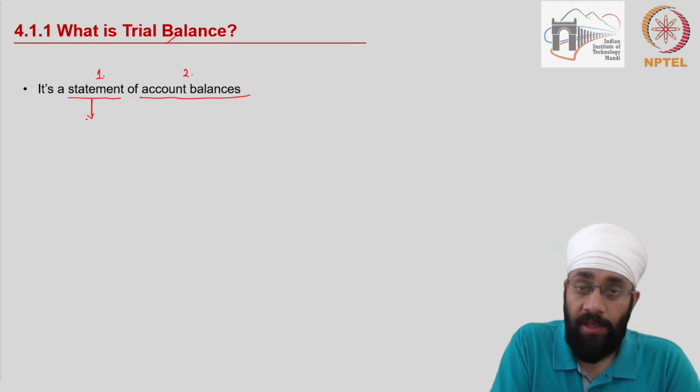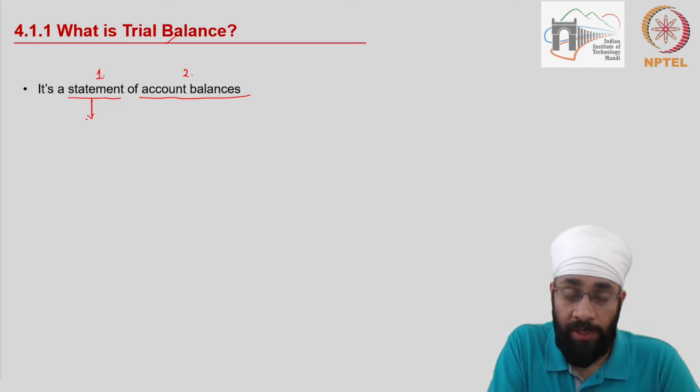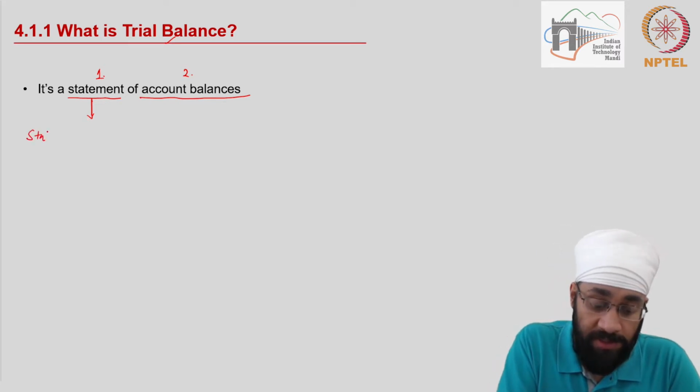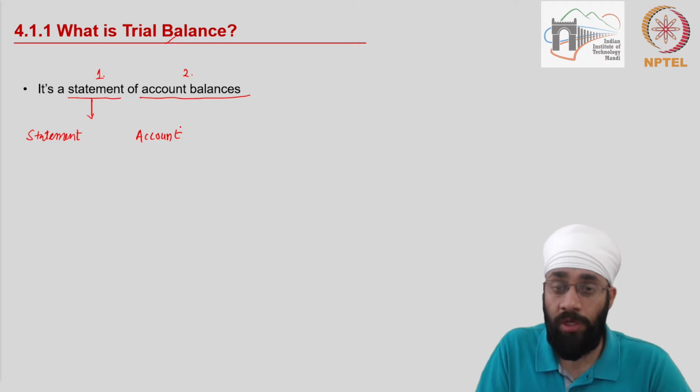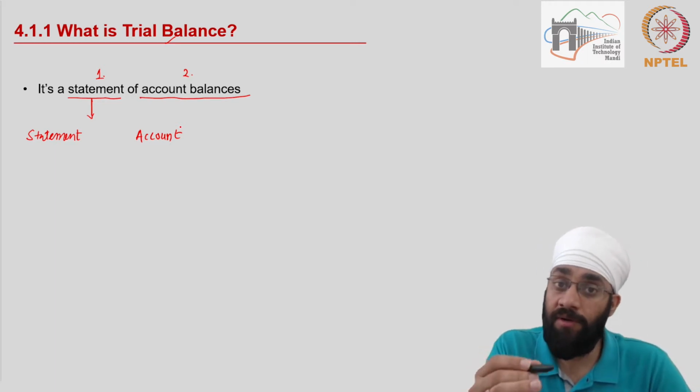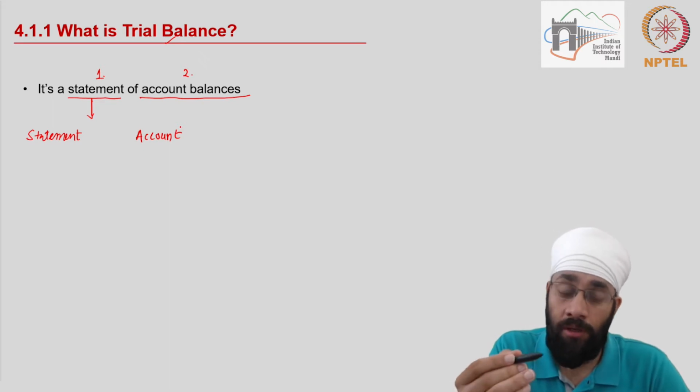A statement as opposed to an account. Let's understand the contrast between a statement and an account. Till now, we have been working with the ledger, in which we have posted journal entries in a chronological manner.